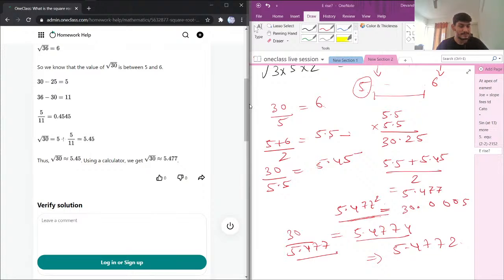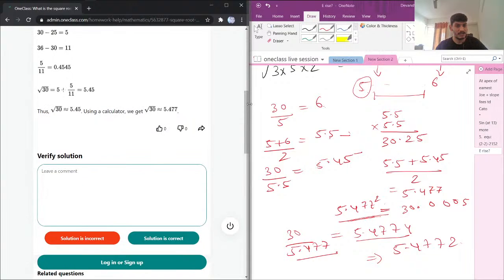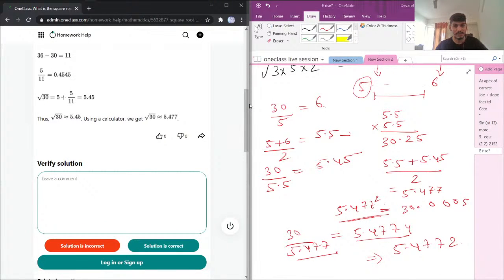Then 5 plus 5 by 11, this number should be 25. I think this number should be 25, but the final answer seems to be pretty close.